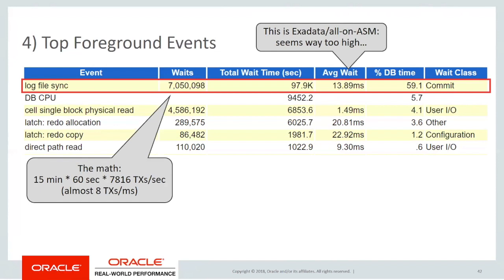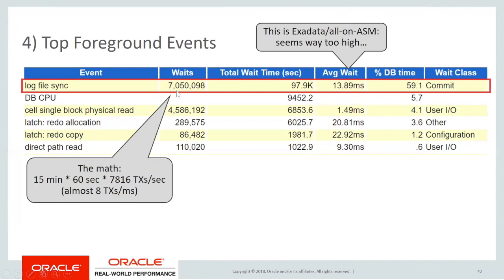Well, log file sync might be the prominent wait event here. Doing the math, the 7 million, it all works out. 15 minutes times 60 seconds times the 8,000 transactions per second is roughly the 7 million. So this actually means, and I'm going to come back to that in a minute, that we're executing roughly 8 transactions per millisecond.